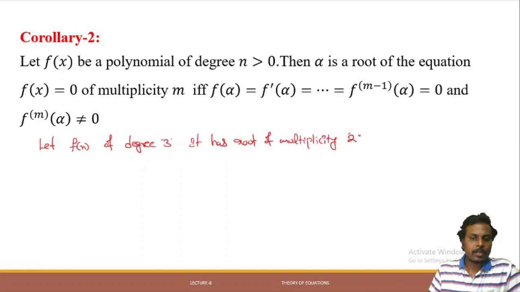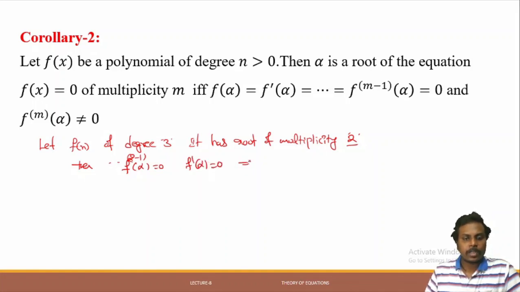Okay, so then by this result, alpha is a root of f. By this result, f with multiplicity 2 means f dash alpha is equal to 0.